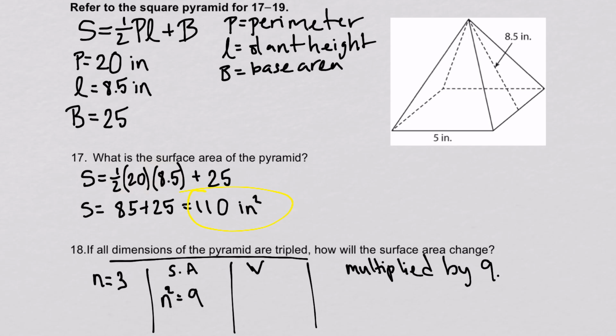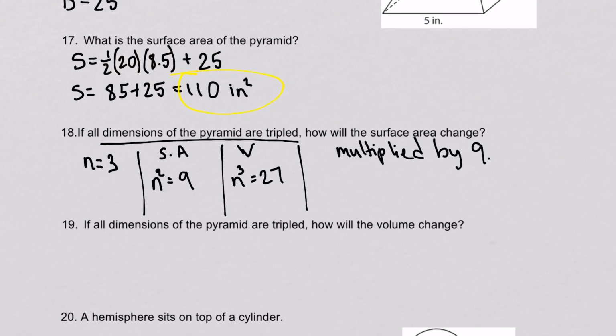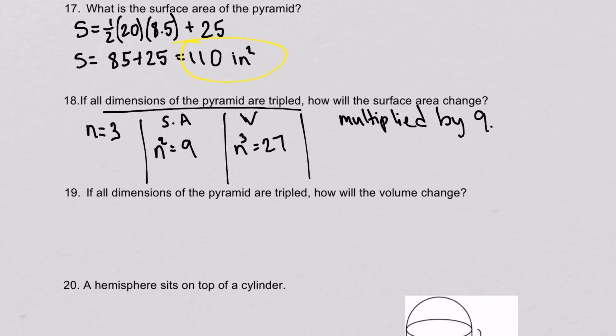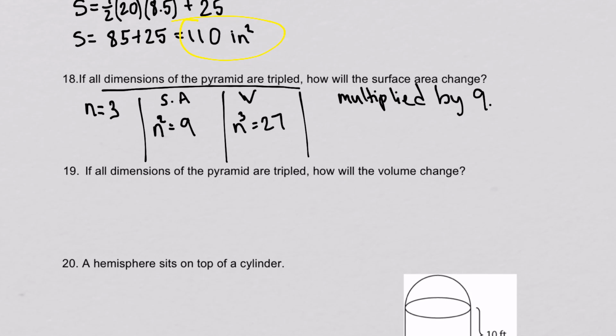What's going to happen to the volume? It's going to get multiplied by n cubed, which is 3 times 3 times 3, which is 27. So if they ask me about the volume, it will be multiplied by 27. And I believe that is question number 19. Yes. If all dimensions of the pyramid are tripled, how will the volume change? It will be multiplied by 27.